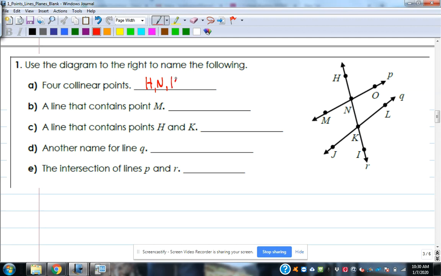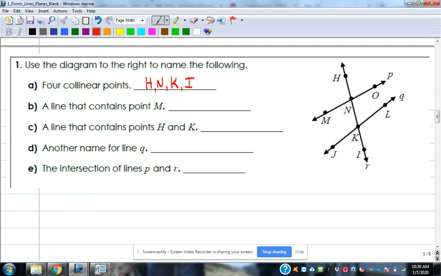I'll just put it in the order that we got there. Usually you'll go in order as they flow on a line, but it's not technically required. Because they're points, they're just one single capitalized block letter.